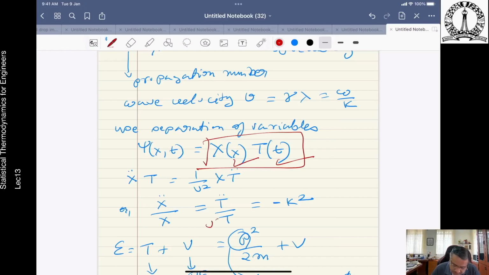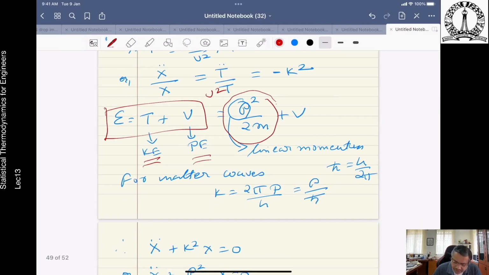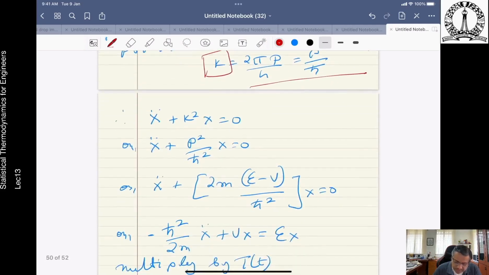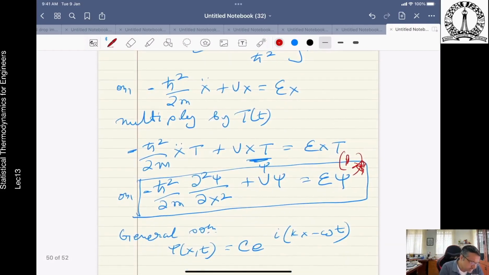Sorry, I missed the square over there. The total energy was taken as kinetic energy plus potential energy, given in terms of the momentum. For matter waves, k can be written like this in terms of the linear momentum. We substituted this, and ultimately multiplied by the time-dependent portion, and got this expression.